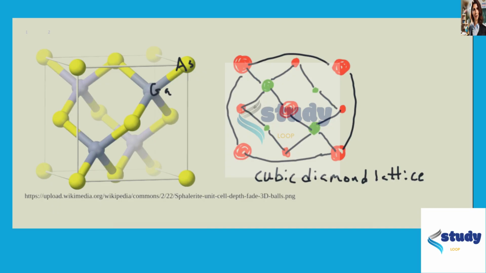And so sometimes to distinguish between crystals with just one type of atom and, in this case, 2, this is also named after a common mineral that has the same crystal structure but with 2 things, which is sphalerite, which is an ore of zinc that contains zincs and sulfurs.